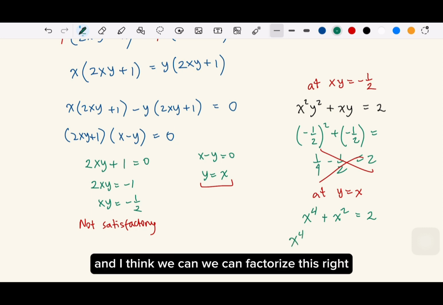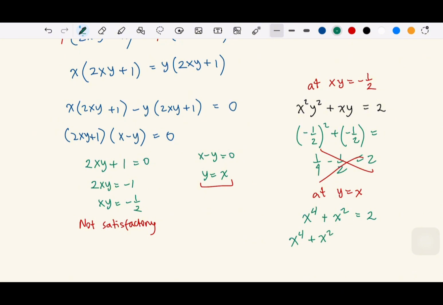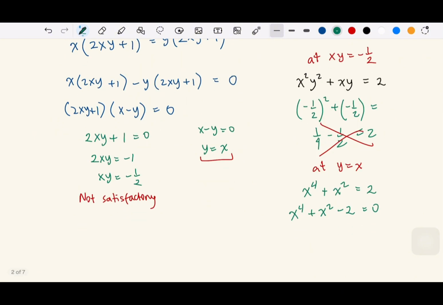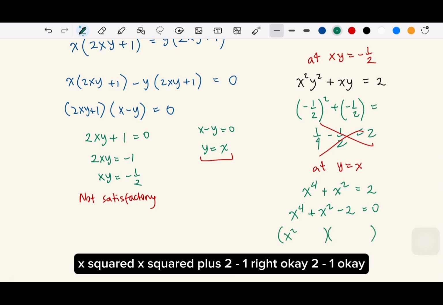And I think we can factorize this, right? So this will be x squared plus 2 times x squared minus 1.